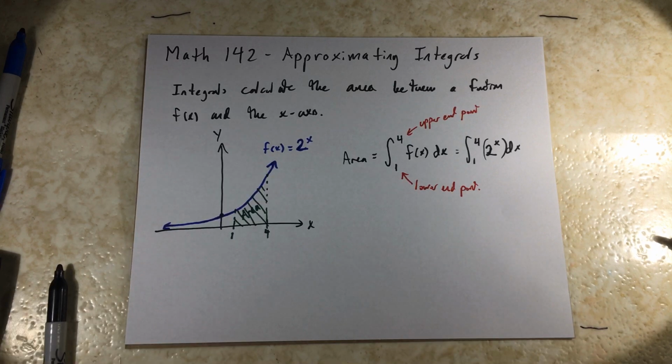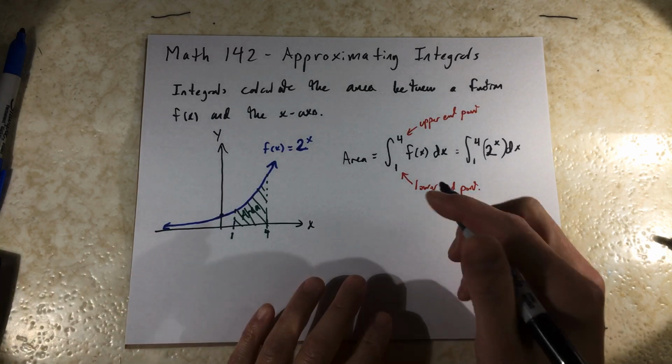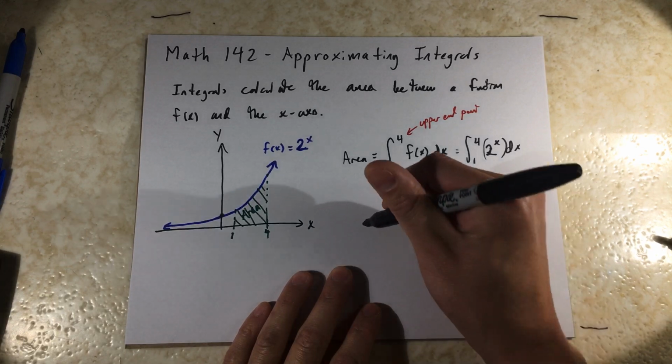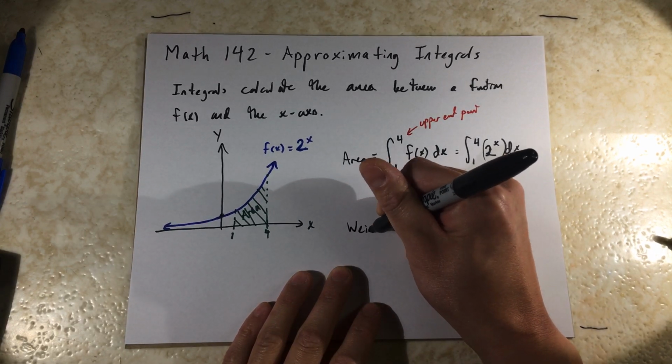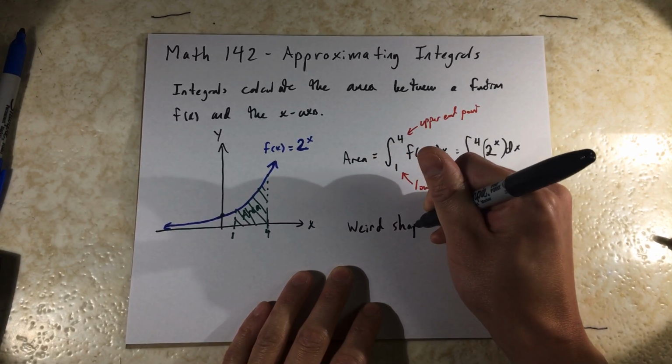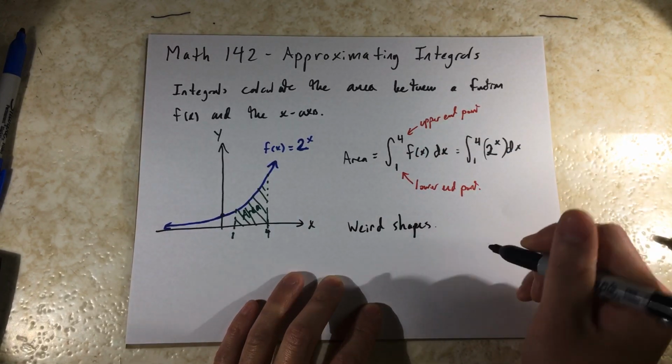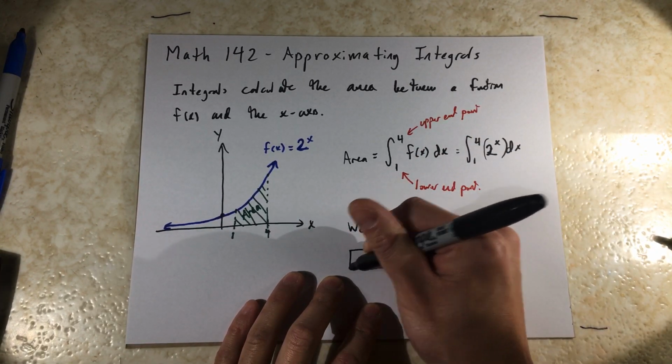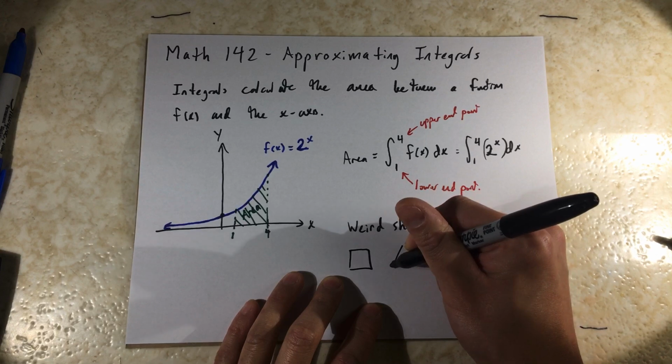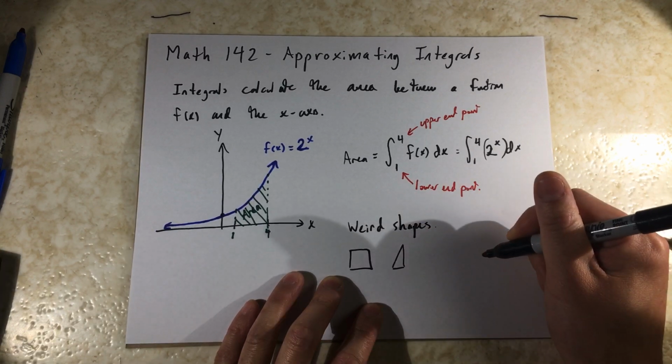All right, so one of the things you might be wondering is why do we need to calculate areas? Well, from a mathematical standpoint, integrals are useful for calculating weird shapes. We're okay with calculating the area of rectangles, triangles, things like that.